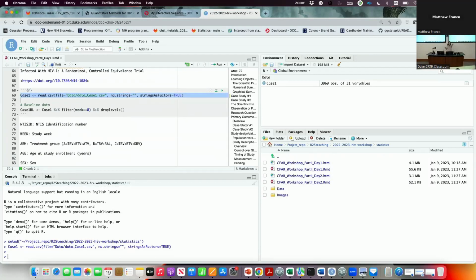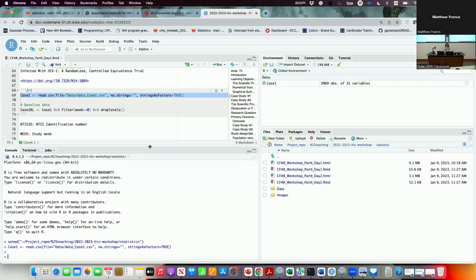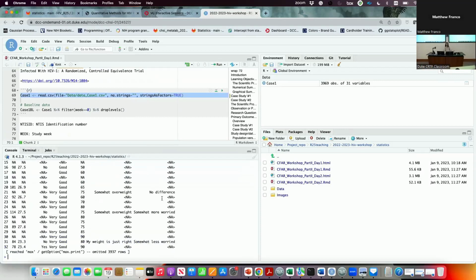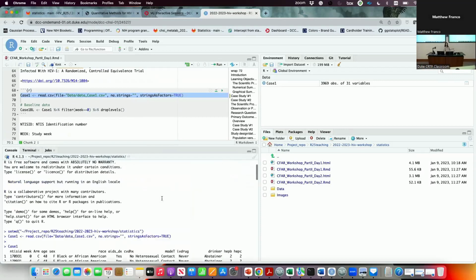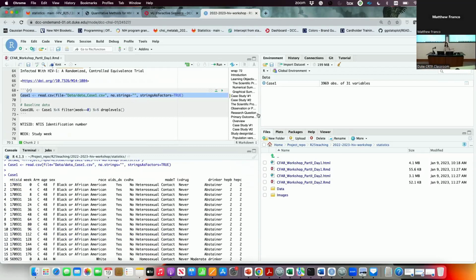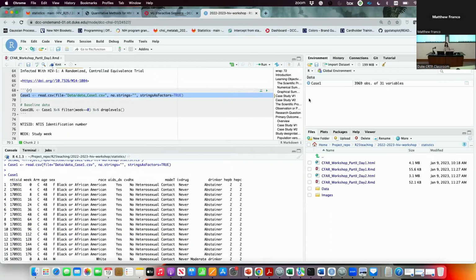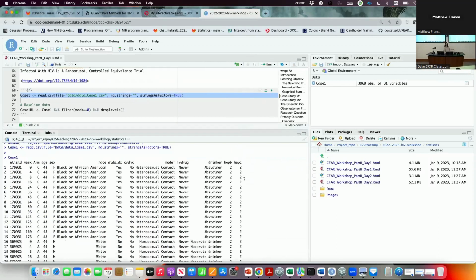If you can open this, and then in R you just type case 1, it will give you how this data looks like.